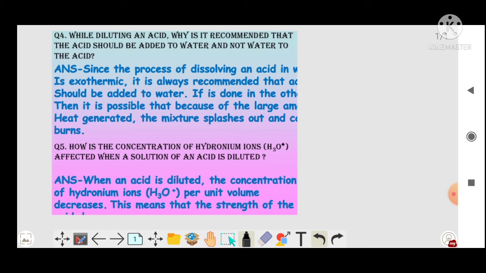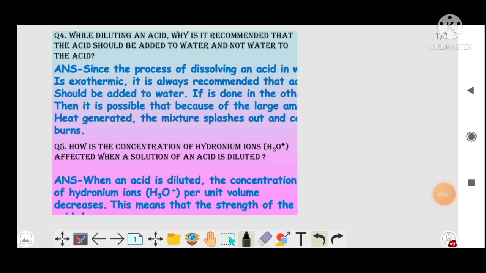If the opposite is done, a large amount of heat is generated, and the mixture splashes out and causes burns. That's why it is recommended that acid should be added to water and not water to the acid.